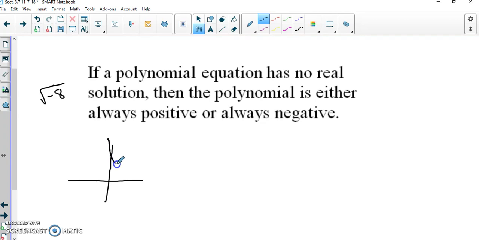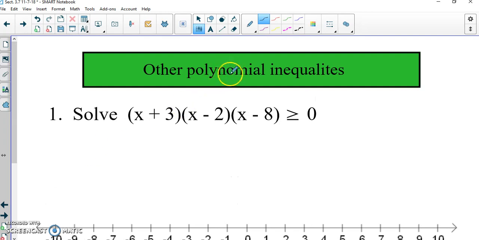Always positive would be a parabola that opens up above the x-axis. A parabola that's always negative would be one that opens down below the x-axis. All right, so those were all quadratics. We can take a look at higher degree polynomial inequalities.